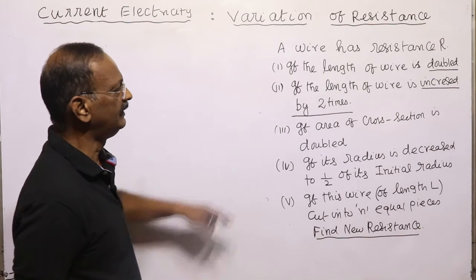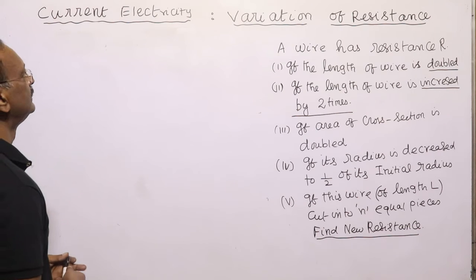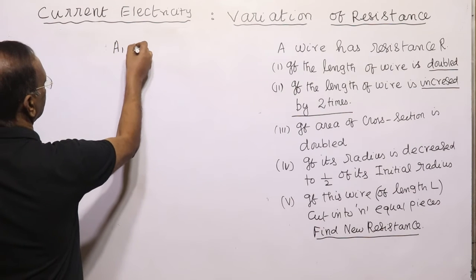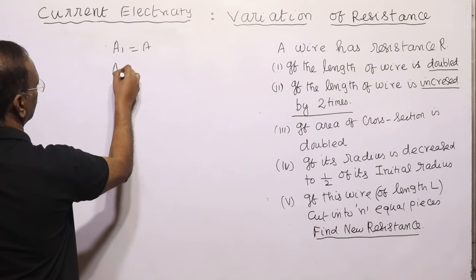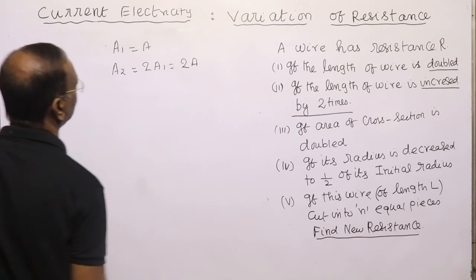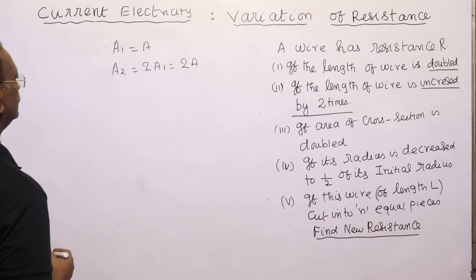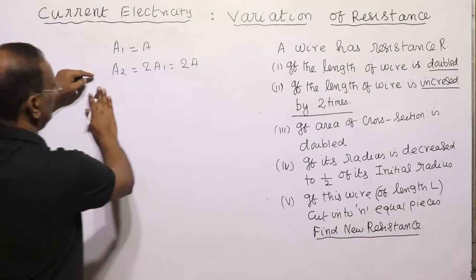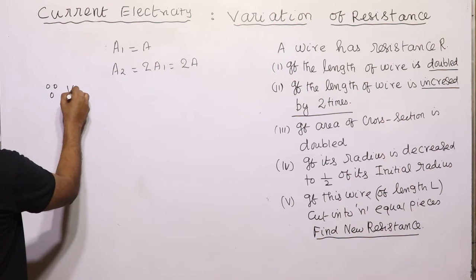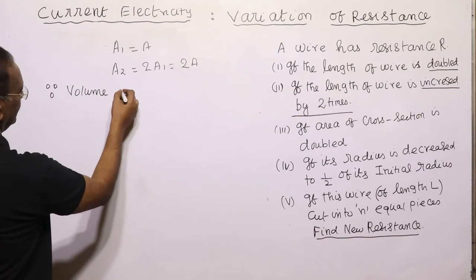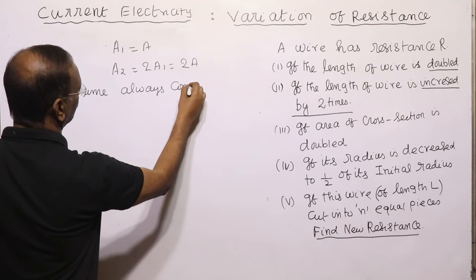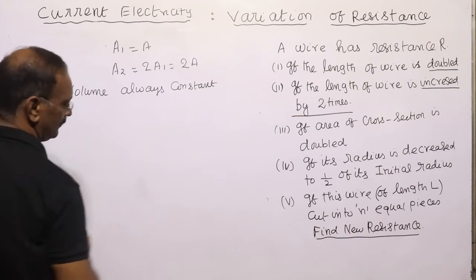Third question, if the area of cross section is doubled. It means if A1 is equal to A, then A2 is equal to double of A1, which is twice of A. Now, for the same material, volume is always constant.